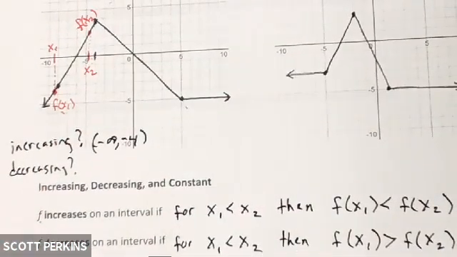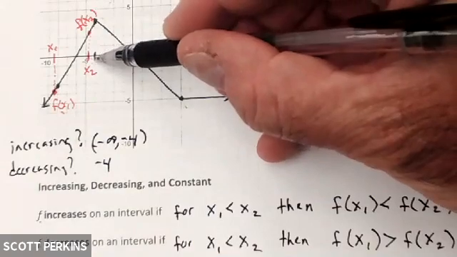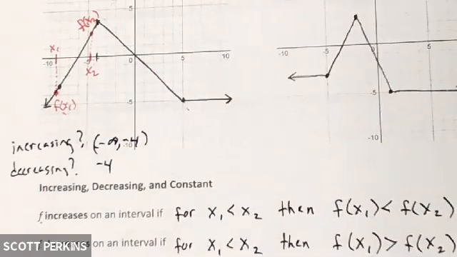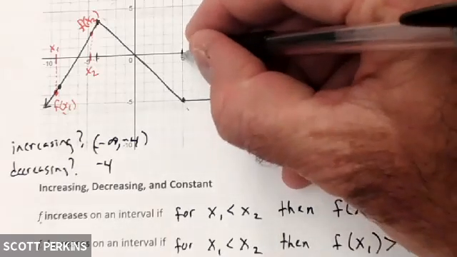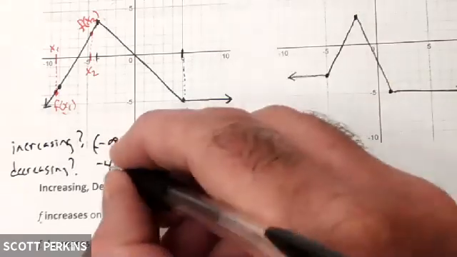Where does this graph start decreasing? -4, here is the x value right here. It's actually where we stopped increasing. Where does this graph stop decreasing? Okay. Right here, I'm just going to put a little mark there at 5, and you are 100% right, 5.